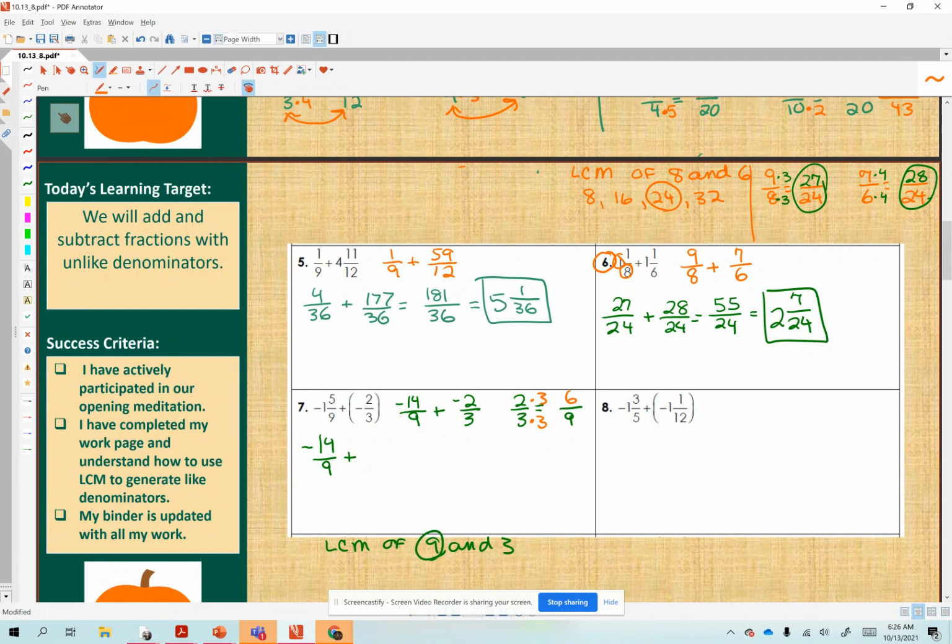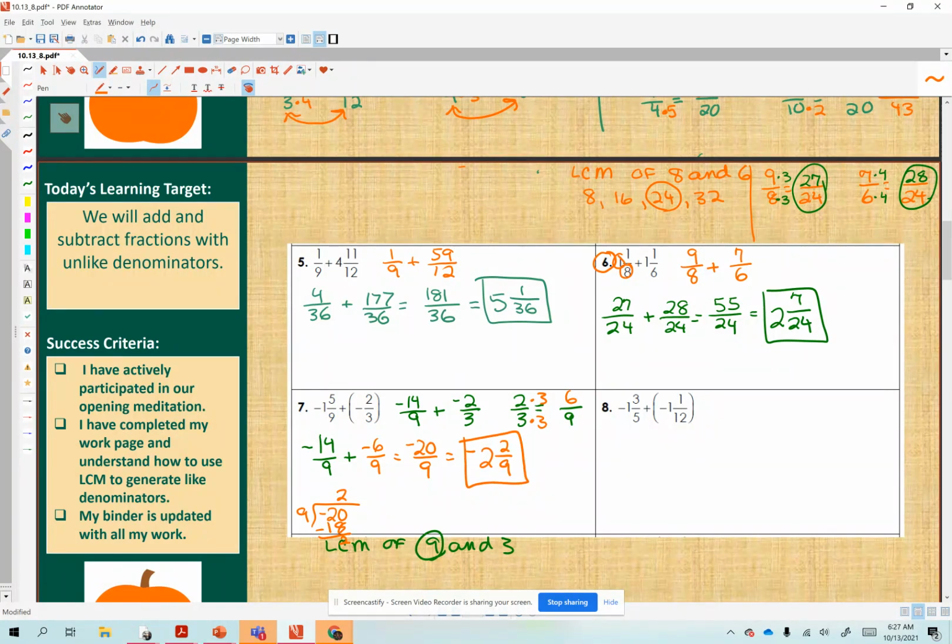So negative 14 ninths plus a negative 6 over 9. So negative 14 plus negative 6 is negative 20. And when we divide negative 20 by 9, we see that it goes in there 2 times with 2 left over, which will give us negative 2 and 2 ninths.